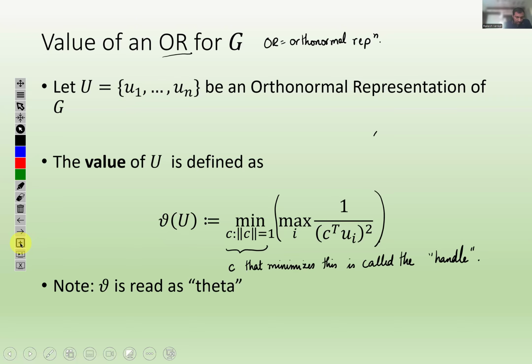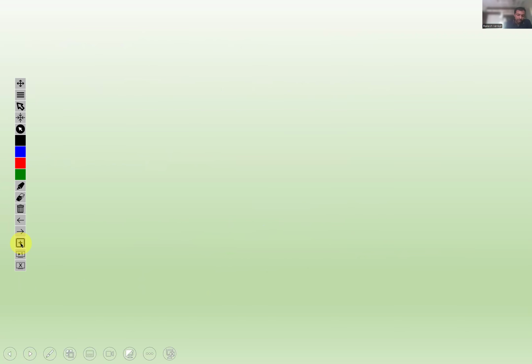Now let's do an example. Suppose I have the trivial orthonormal representation for a graph. It could be any graph, because it's a valid orthonormal representation for any graph, right?